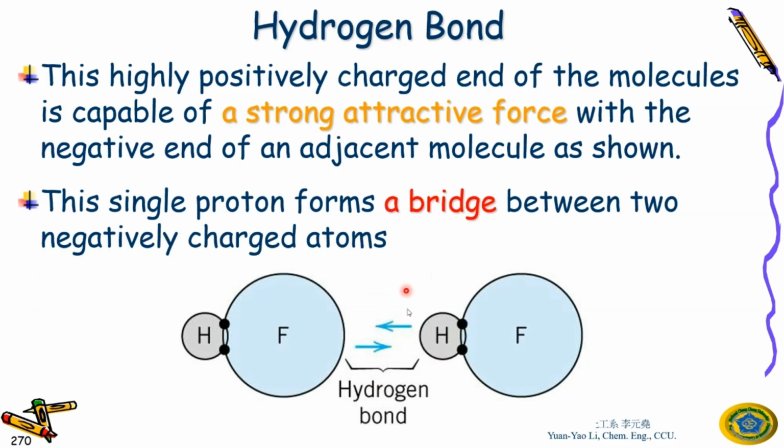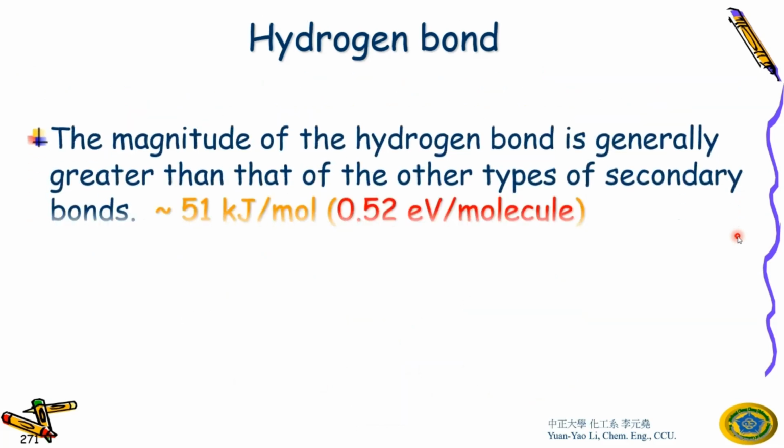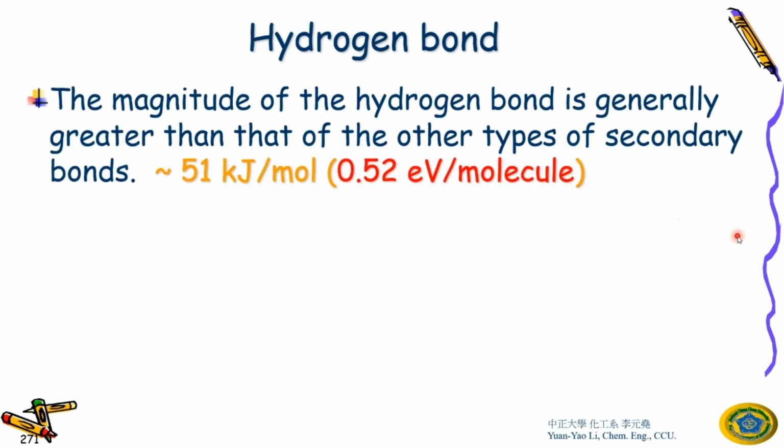This behaves like a bridge. The magnitude of this hydrogen bond is generally greater than that of the other types of secondary bonds. As I just told you, that is about 21 kilojoules per mole, which is about 0.25 electron volt per molecule. So the bonding energy is high.